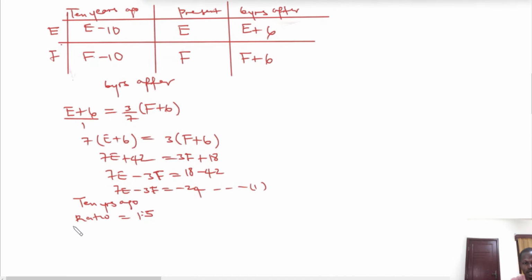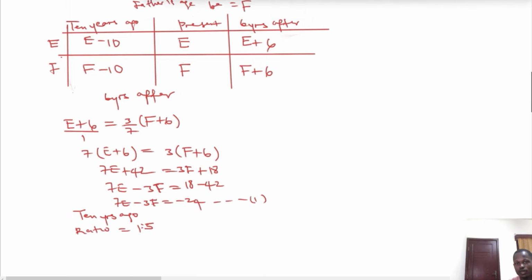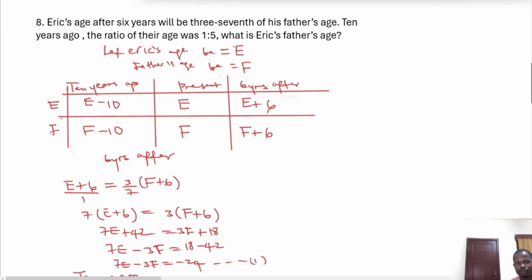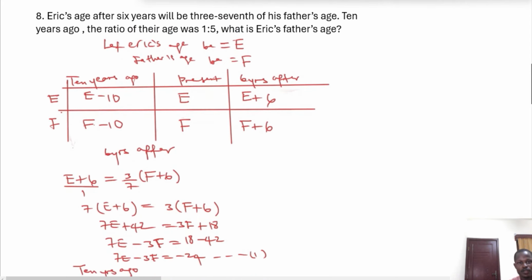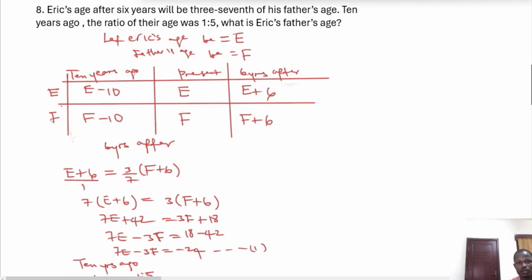So Eric's age, you remember ratio means division. We're going to divide here. So this is going to be Eric's age 10 years ago. Let's go through the question: 10 years ago, the ratio of the age was 1:5.